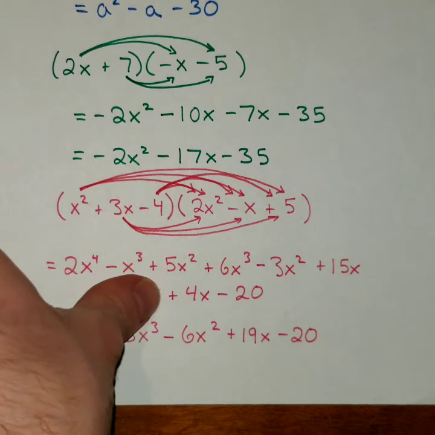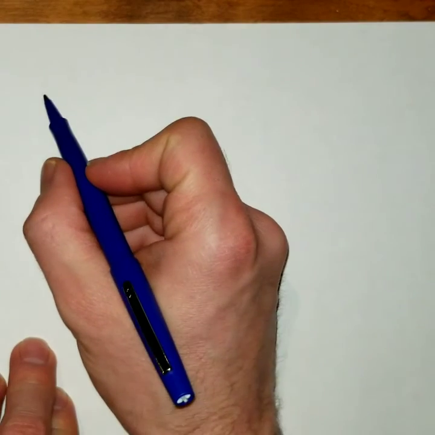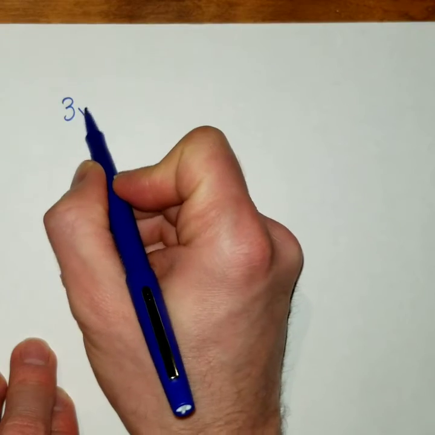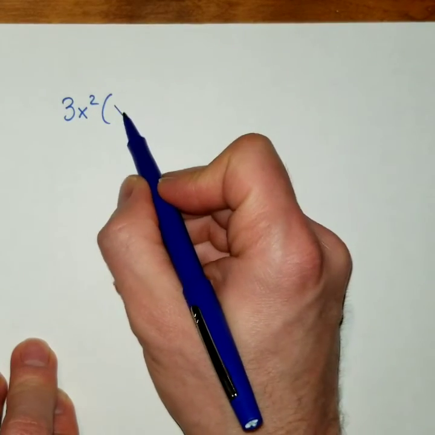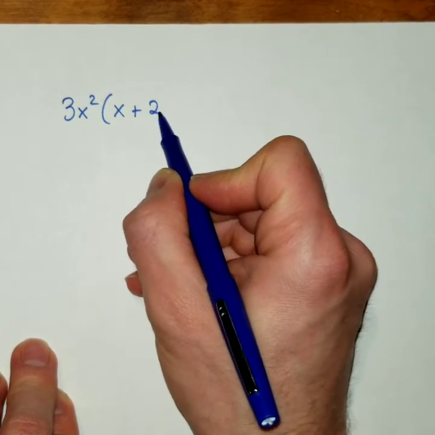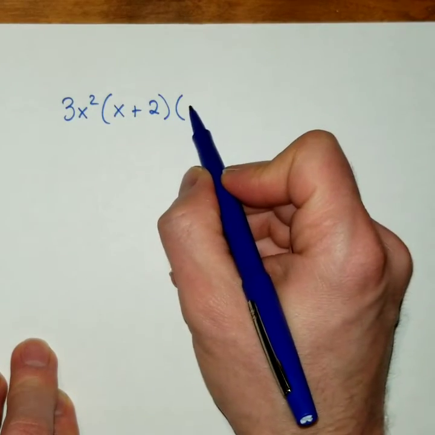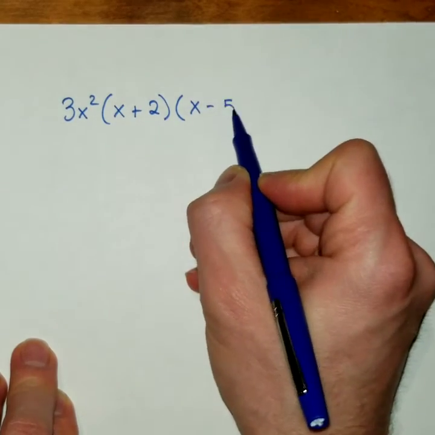Now the last thing in this section is going to be multiplying when you have multiple polynomials together. So let's take a look at an example where you have a monomial, like 3x squared multiplied by a binomial, which is also multiplied by a binomial.